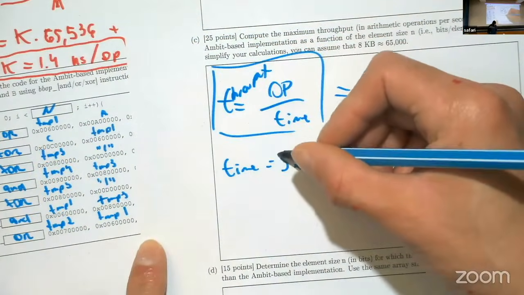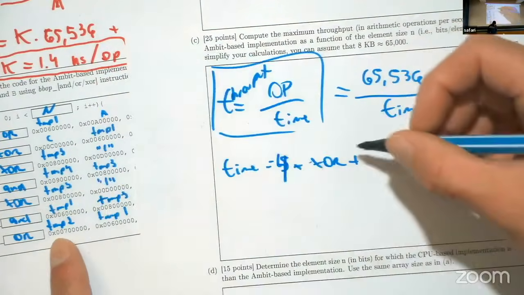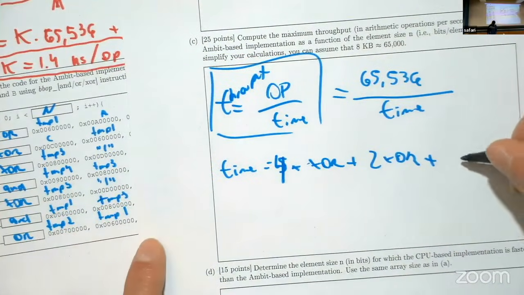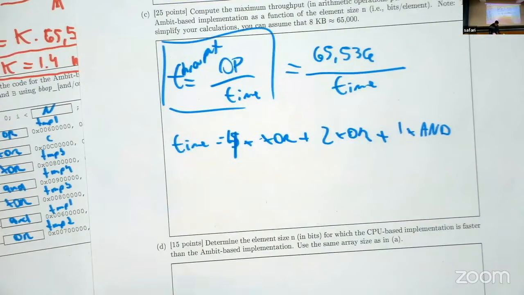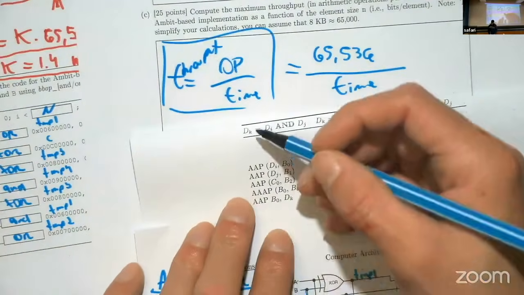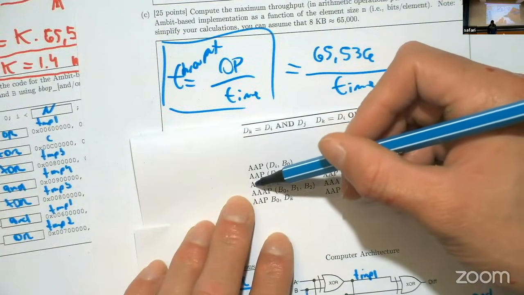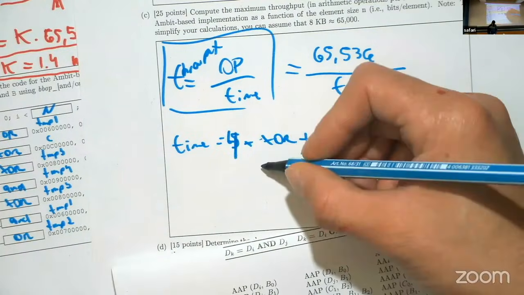It's 4, plus 2 ORs plus 1 AND. And then you go to this table and count the number of activations that each one of them does. AND does 1, 2, 3, 4, 5, 6, 7, 8, 9, 10, 11, 12, so 12 activations.